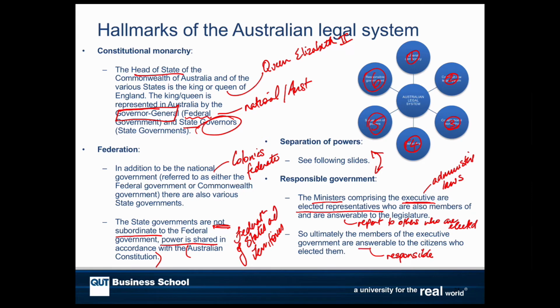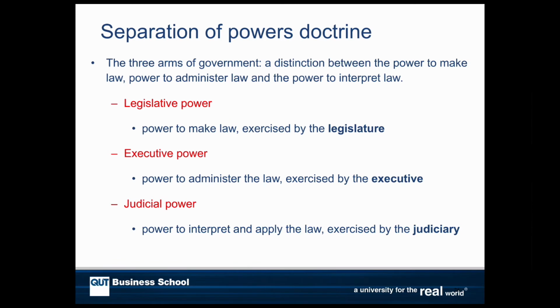Ultimately, the executive are answerable to the citizens through Parliament. And that's what we mean by responsible government. If there isn't a mechanism to hold the executive of government to account, then we don't have responsible government. But we have that in Australia through the ministry and the structure of our executive, which we'll get to in a couple of videos.